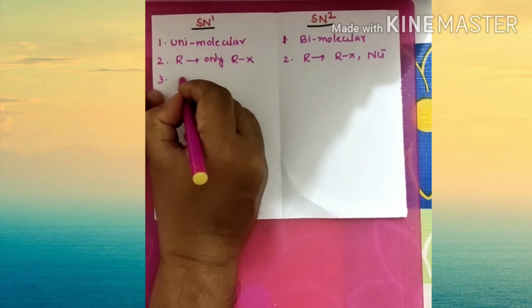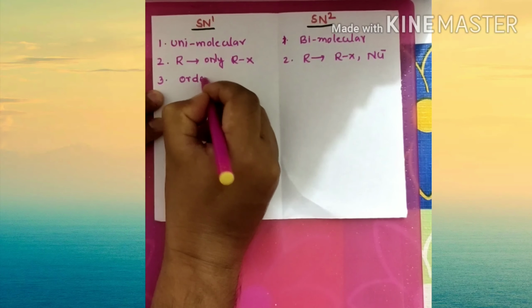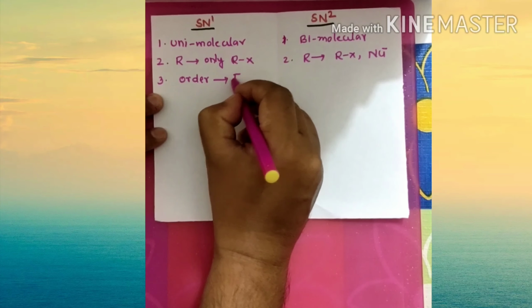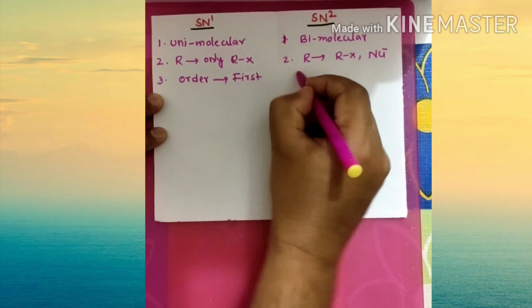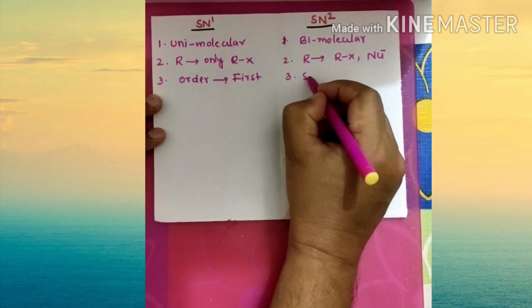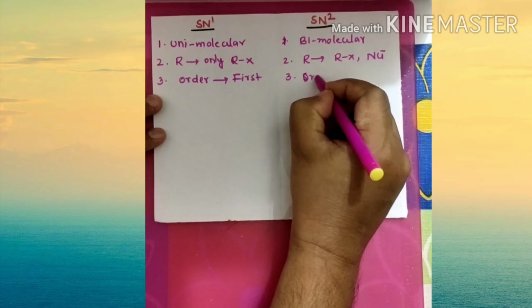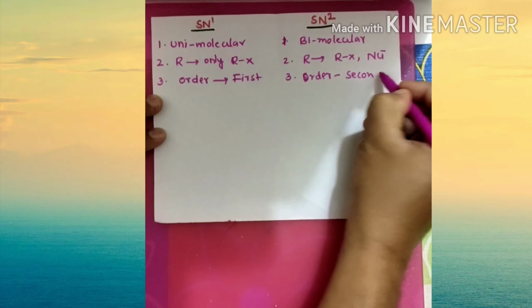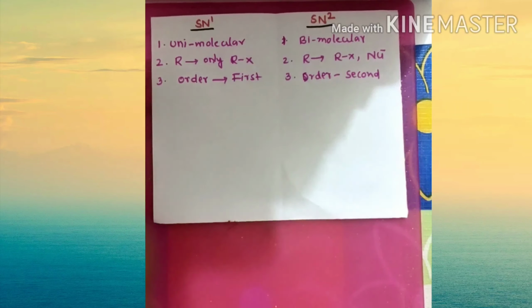I told you the order of SN1 is first order, and the order of SN2 is second order. So SN1 is a first order reaction, SN2 is a second order reaction.